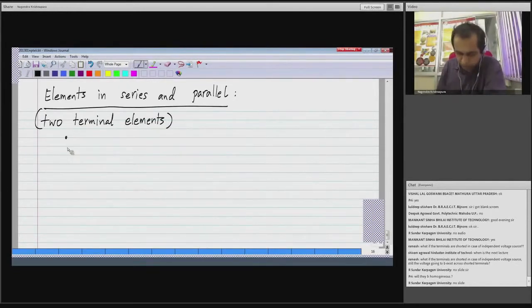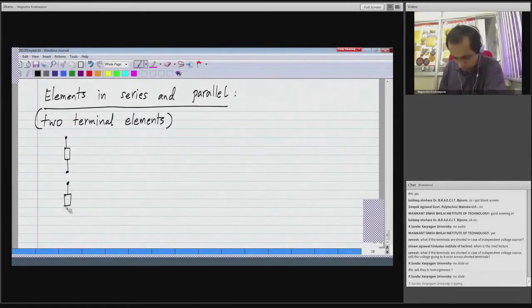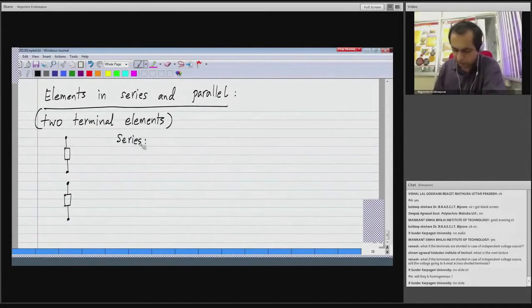Now, if you have two elements, what is meant by a series connection? Series connection means that one terminal of one of the elements is connected to a terminal of the other element, and nothing else is connected to this.